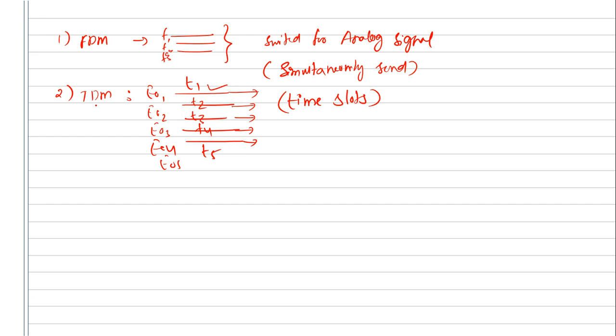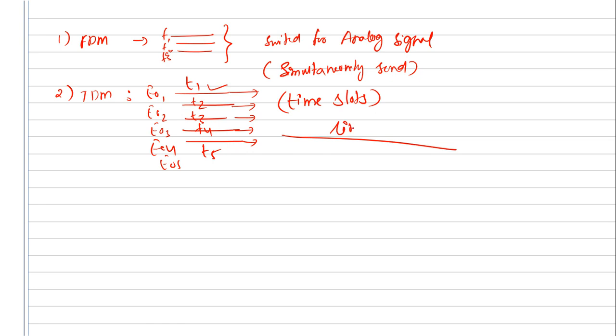Now TDM uses the full bandwidth for every channel, but they don't send all the channels at one point. Every channel gets its own dedicated time slot, and only in that time slot can it send. The link is shared.